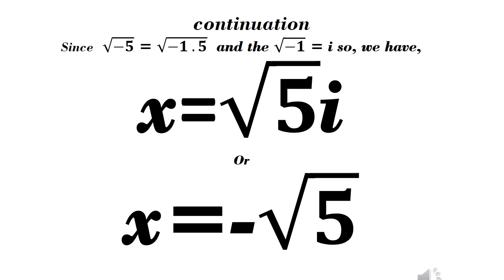So i equals square root of minus 1. So if we plug in i as our value for the square root of minus 1, then we have x equals square root of 5 times i, or x equals minus square root of 5 times i.